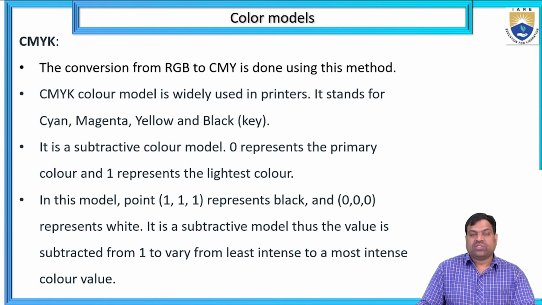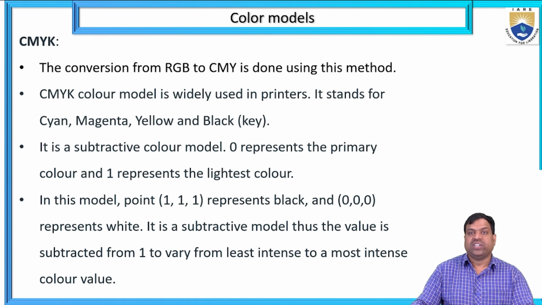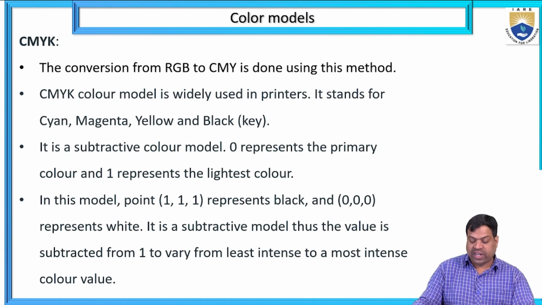I'm talking about CMYK. It is also a color combination. The conversion from RGB to CMYK is done using this method. The CMYK color model is widely used in printers and it stands for cyan, magenta, yellow and black. It is a subtractive color model, and 0 represents the primary color and 1 represents the light color.